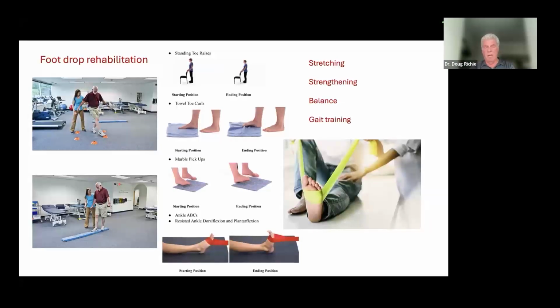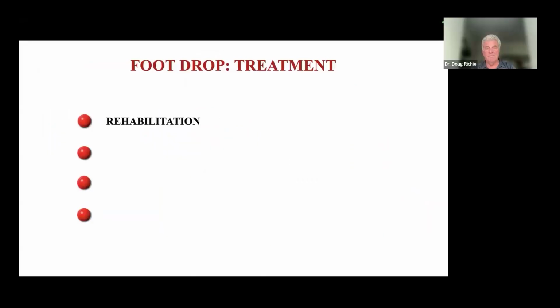Whether it's a common peroneal nerve entrapment or an iatrogenic injury after total knee replacement, all of these patients benefit from stretching, strengthening, balance training, and gait training because a lot of them get better. A lot of them progress to the point where sometimes they can even abandon their ankle-foot orthosis and resume a normal, healthy gait. So we are obligated to put them into a focused, comprehensive rehabilitation program early on, regardless of the etiology.